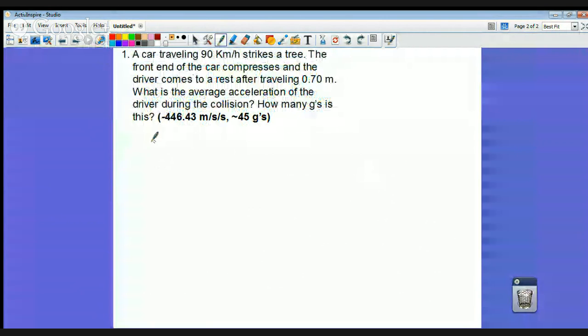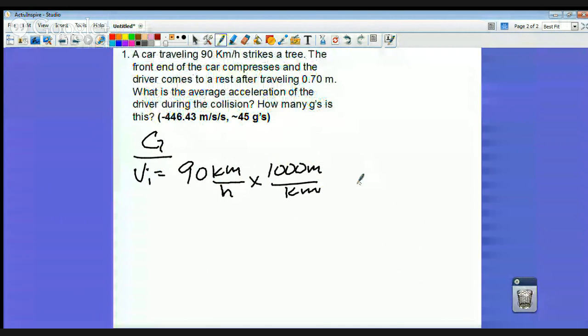So the first thing to do is look at what we're given: the initial velocity is 90 kilometers per hour, and we want to multiply that by 1,000 meters per kilometer, and by 1 hour over 3,600 seconds, so that we get something in meters per second.